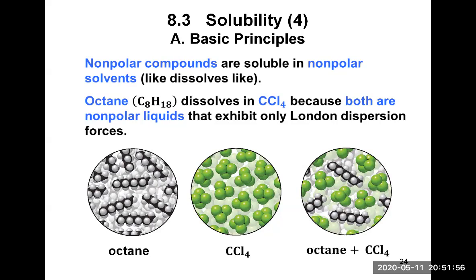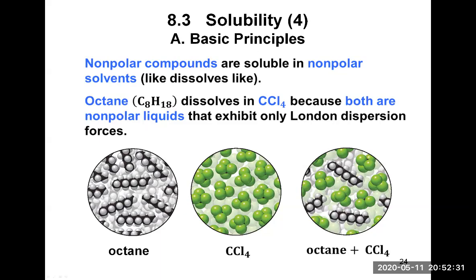And so they will cancel out all dipoles. Overall, CCl4 is non-polar, even though it is made of 4 polar bonds, right? But the molecule overall is not polar. So we have octane, which is non-polar, and carbon tetrachloride, which is non-polar. Both are non-polar, so they will dissolve very well together.